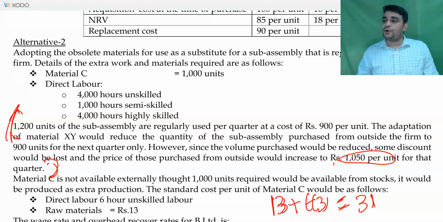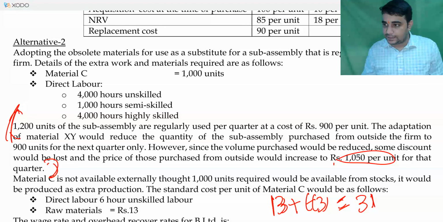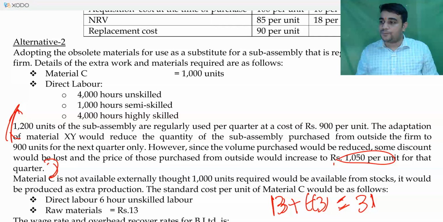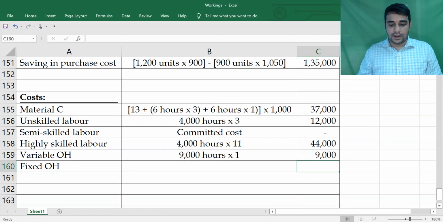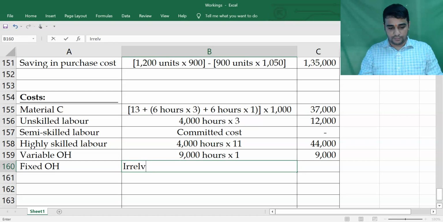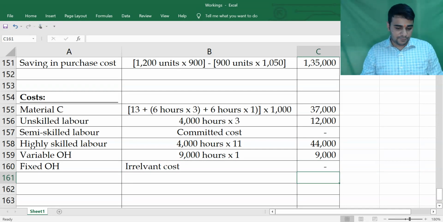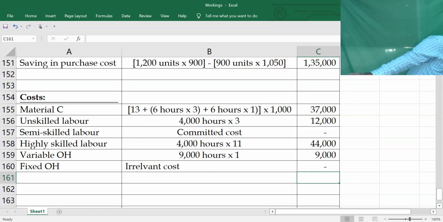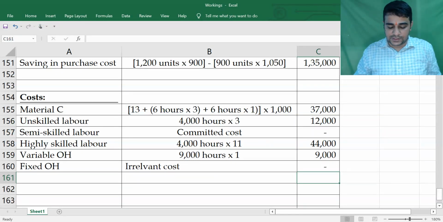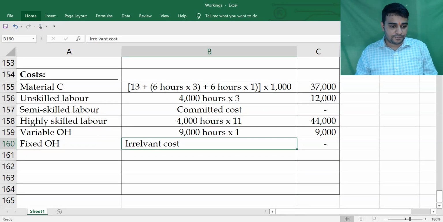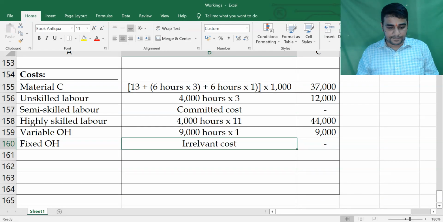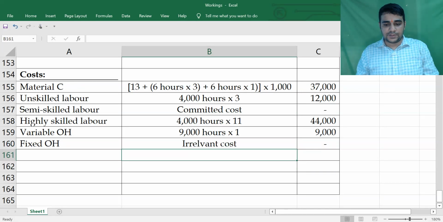Whatever was needed for producing material C was considered separately, so let us not bring that now. 9,000 hours is needed for this adaptation. So, 9,000 hours into 1, and fixed overhead is irrelevant cost, which is 0.